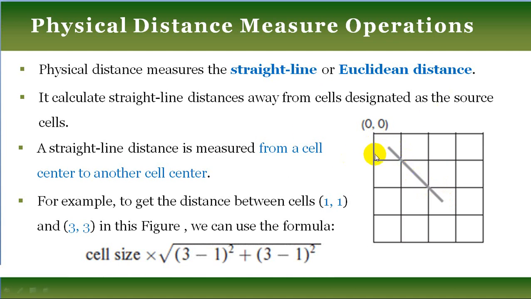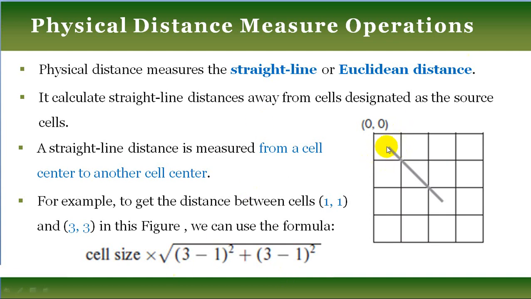The cell size, cell width and height, which should be the same, multiplied by the square root of (3 minus 1) squared, where 3 is the column number minus 1, another cell's column number, plus (3 minus 1) squared, where 3 is the row number minus another cell's row number 1. For example, if you consider the cell size is 30 meters, imagine this is 30, this is 30.